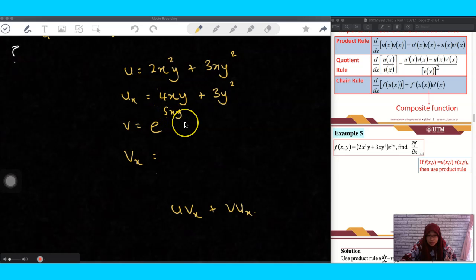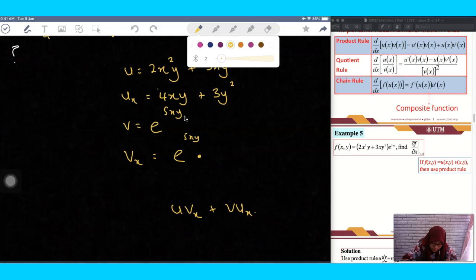So here you need to apply the chain rule. Remember the chain rule? When you have a composite function, you have to apply it. What is a composite function? It is a function in a function. Differentiating the outer function, you get the same e to the 5xy, multiplied by the derivative of the inner function.